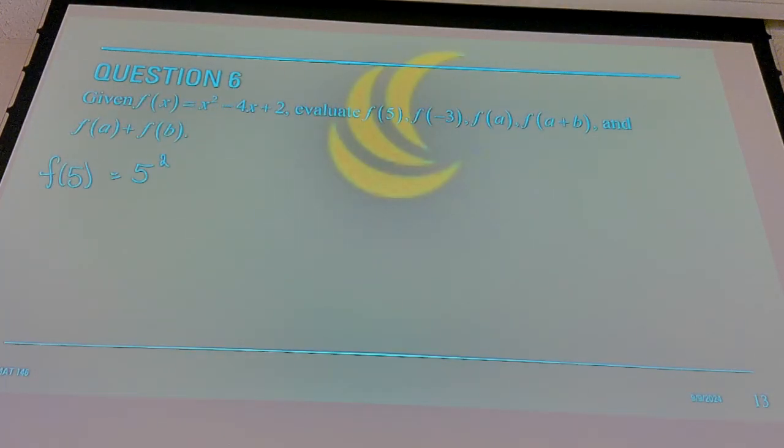So we first have to square it, subtract from that 4 times the input, and then add 2. Which means all I have to do is replace x with 5. Five squared. What's 4 times 5? 25 minus 20. Add 2. 7. f of 5 is 7.